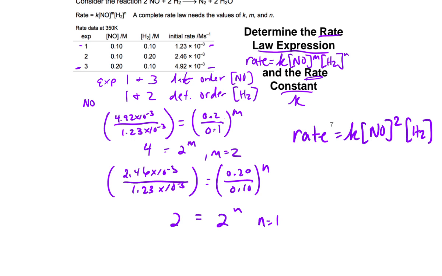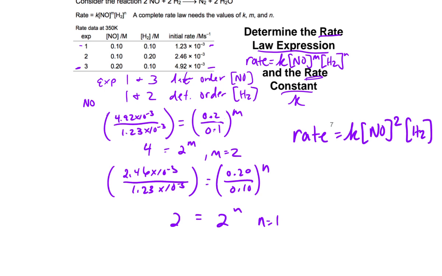When we were solving for n, could you do 2.46 divided by 4.92, since it has the same 0.1 as well? You're looking at experiments 2 and 3, for solving for n, the order with respect to H2?